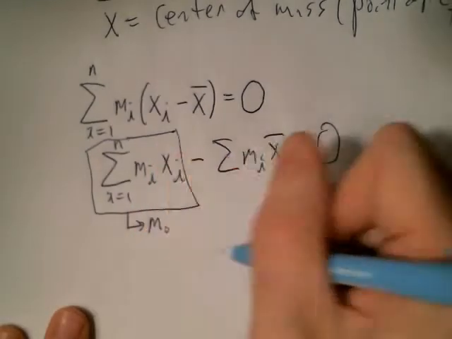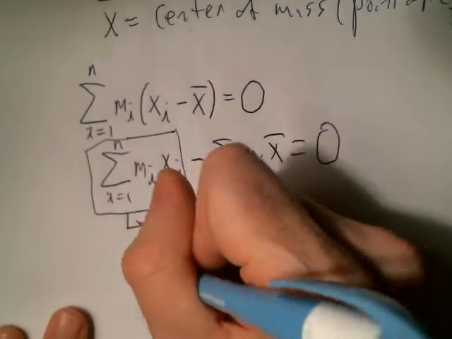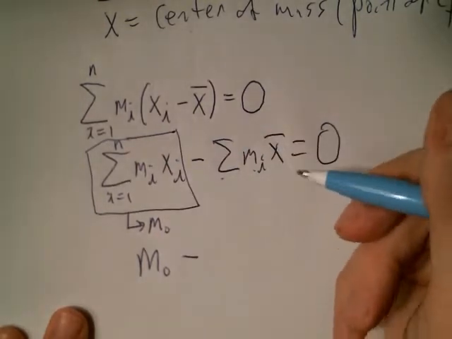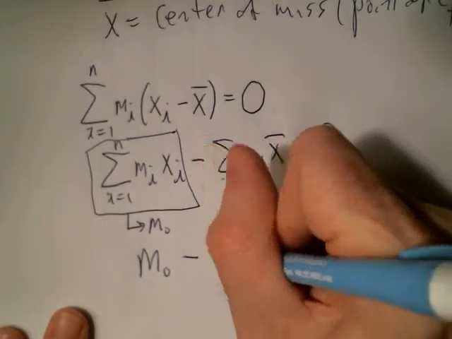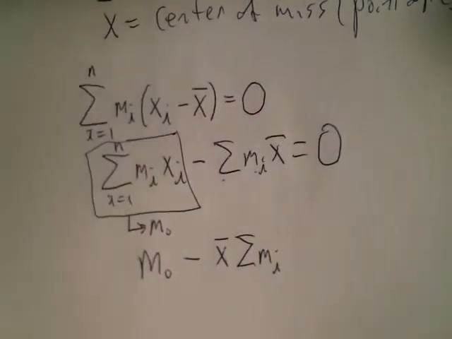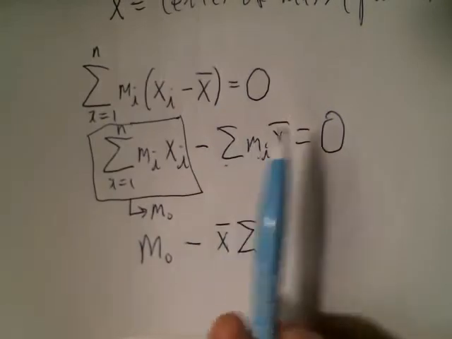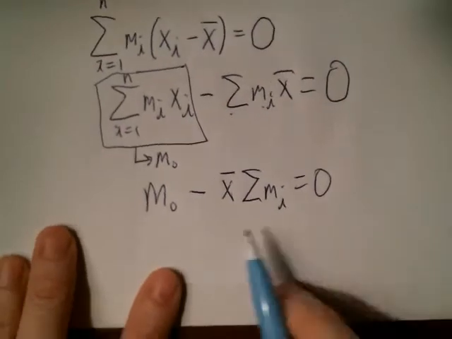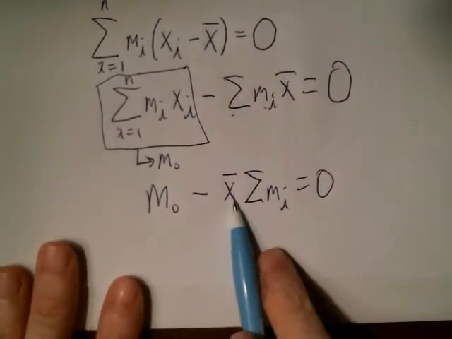This thing right here, let me rewrite it a bit. So I have m sub 0 minus, I can factor out the equilibrium point. So I'd have x bar times the sum of the mass of the individual objects on your teeter-totter, right? So this would equal 0, and this will allow me to solve for x bar then.